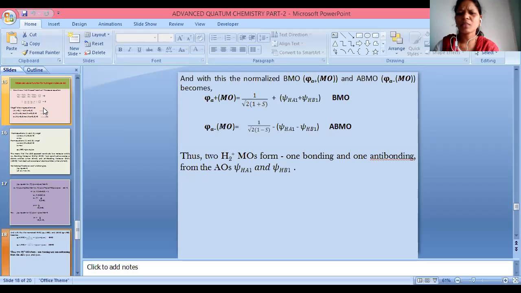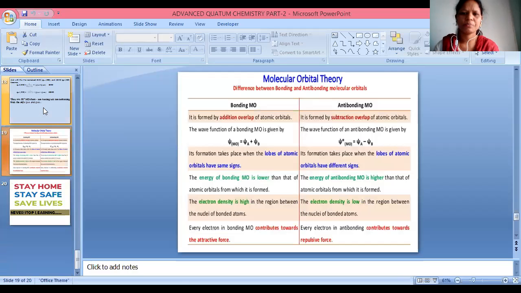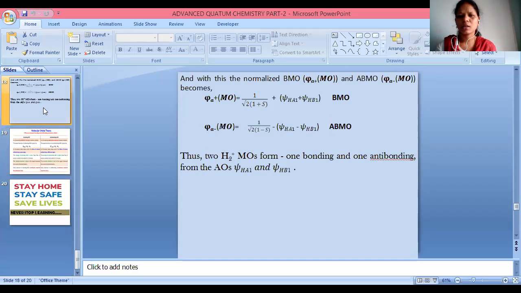Thus, two H2 plus molecular orbitals form, one bonding and another anti-bonding, from the atomic orbitals Ha1 and Hb1. So these two are the corresponding molecular orbitals that we have already got.